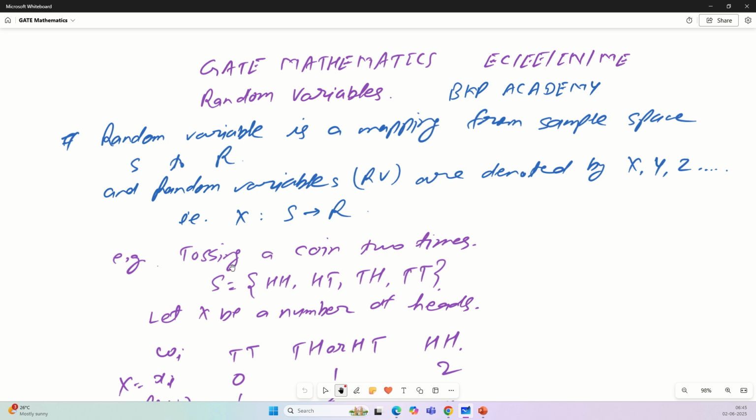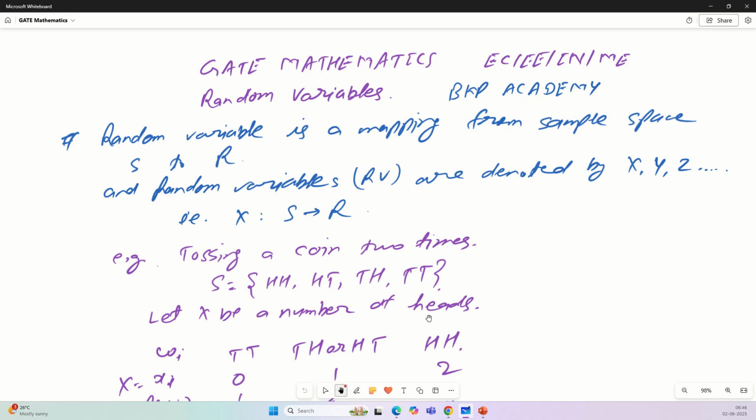Let's say we are going to toss two coins at a time, or a coin tossed two times. Both are the same. So the sample space is either head head, head tail, tail head, or tail tail. Now we are going to consider a random variable X, which represents the number of heads.